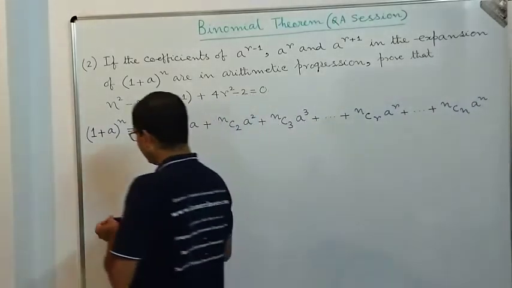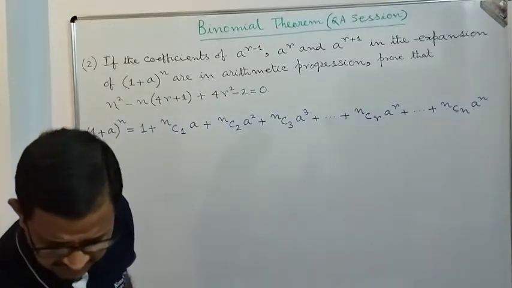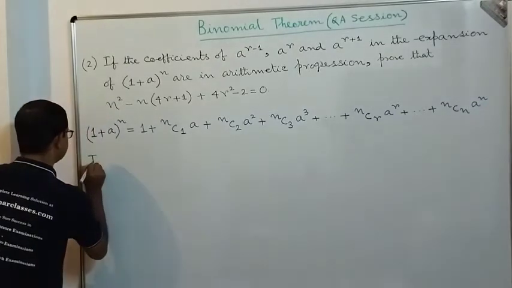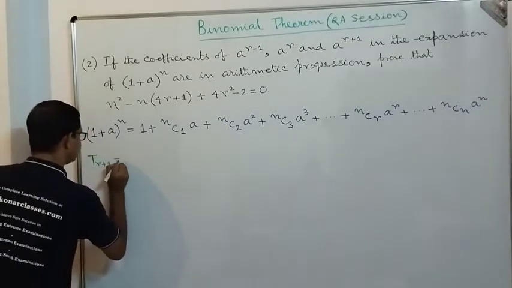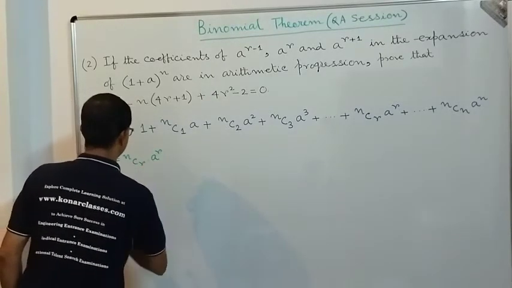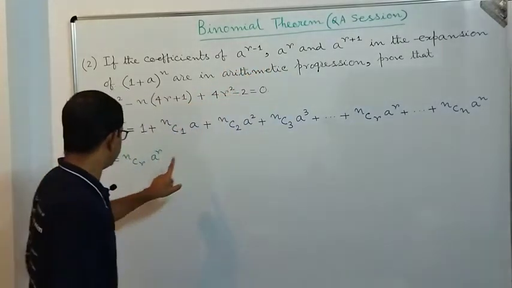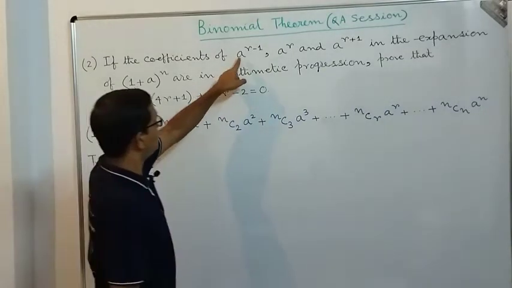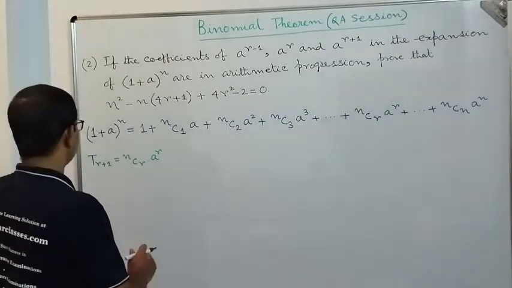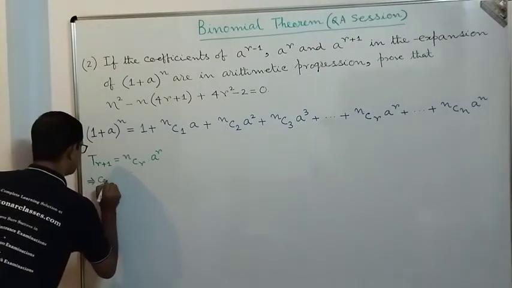Correct? Now, what is the r plus 1th term, dear students? If we look into the r plus 1th term, tr plus 1 is equal to ncr into a to the power r. Correct? Now the coefficient of a to the power r is ncr. So the coefficient of a to the power r minus 1 will be ncr minus 1. Correct?